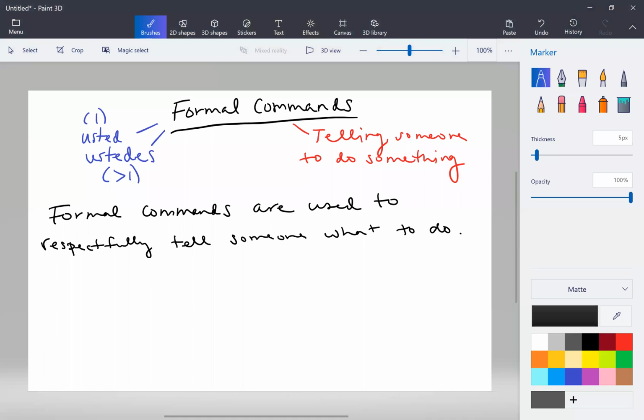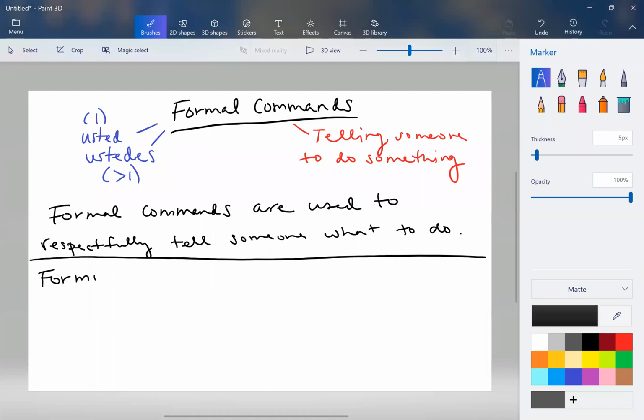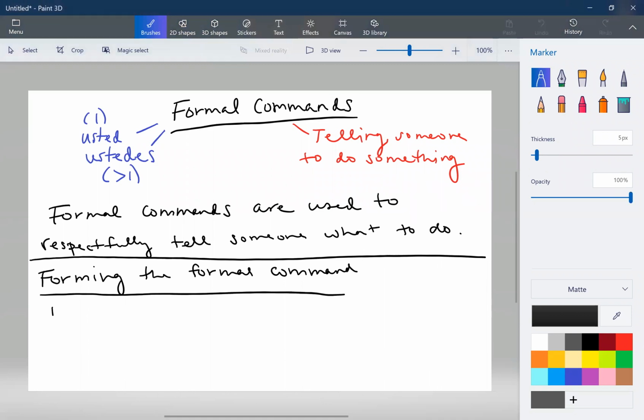So we're going to start off with talking about what the commands look like. And there's 3 steps to this.